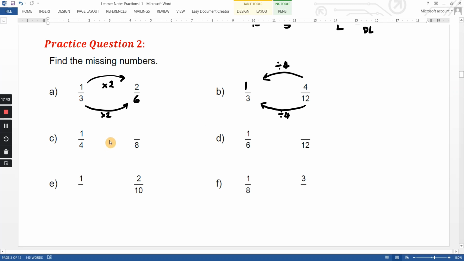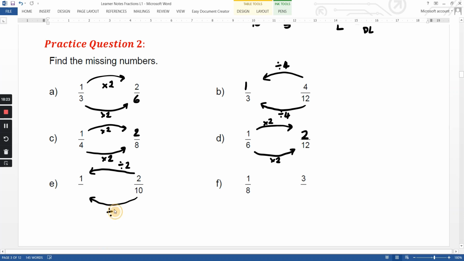I'm going from 4 to 8, times by 2. So I have to do the same for the numerator. 2/8 for that one. I'm going from 6 to 12, so I'm multiplying by 2. Let's do the same for the top. That's 2/12. And for this one, I'm going from 2 to 1, going this way, so I'm dividing by 2.